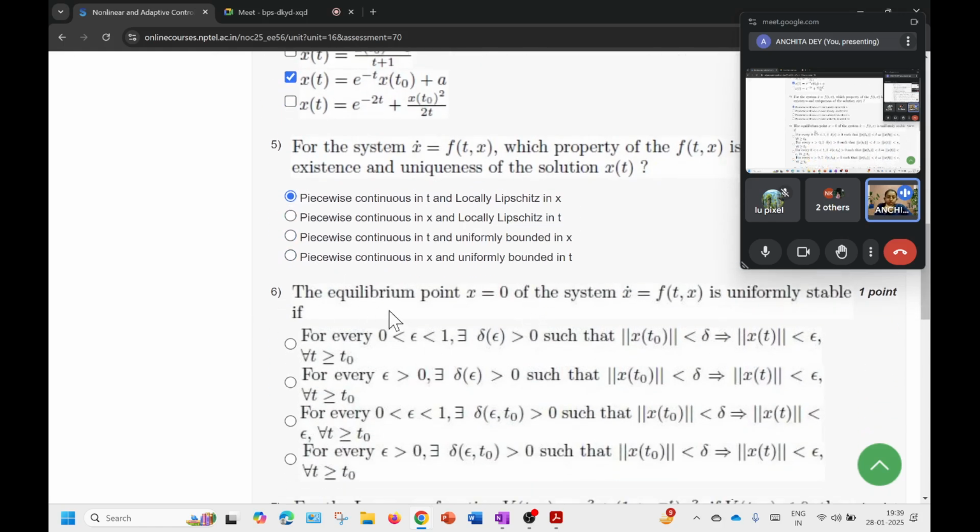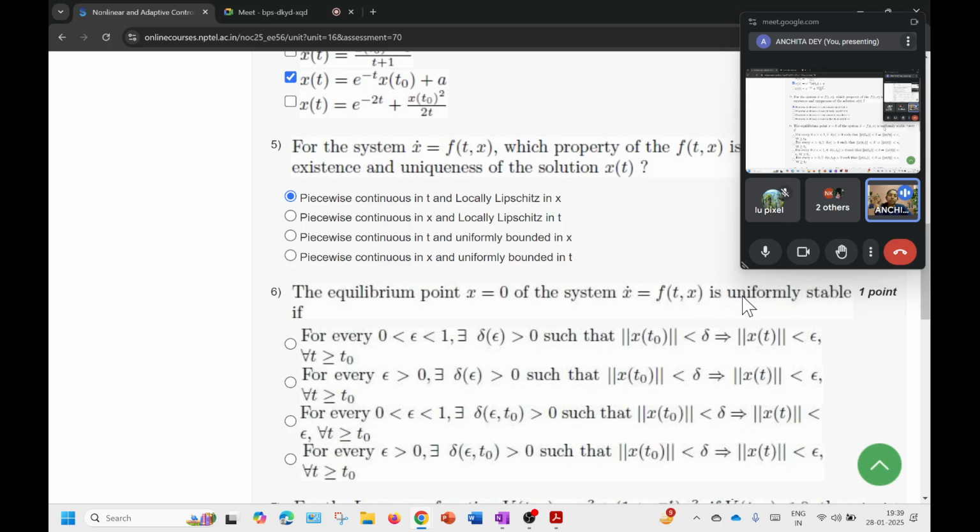So the next one is again quite simple. Your equilibrium point is given to be the origin for a system x dot equal to f of t, x, and it is said that this is uniformly stable. What is meant by uniform stability?